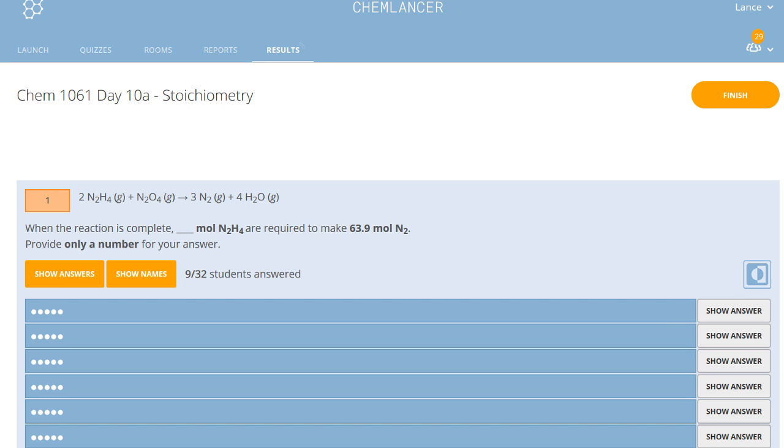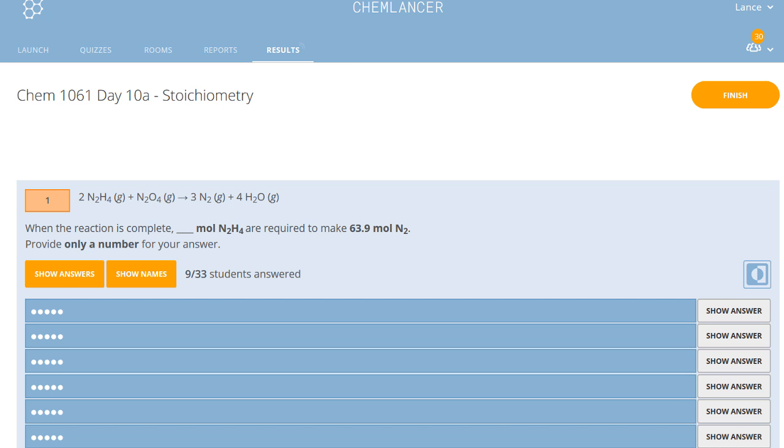However, for the types of calculations we'll be doing here in chapters 3 and 4, it's going to be helpful if we think of these coefficients in terms of moles. In other words, if we multiply each one of them by Avogadro's number, and then consider it to be 2 moles reacting with 1 mole, producing 3 moles and 4 moles.